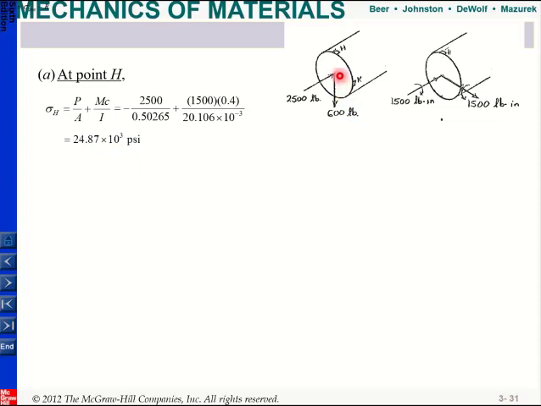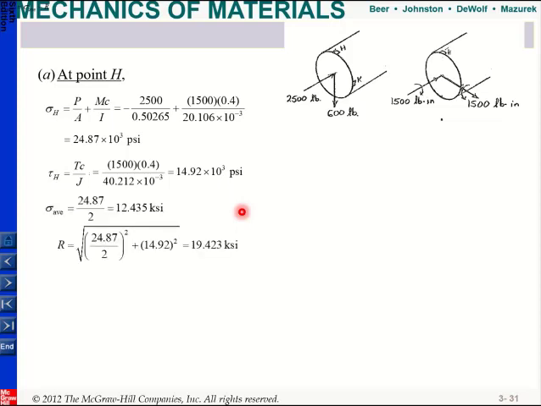And for shear, this 600 pound does not create any shear at H. Which means that I only have one equation, TC over J. And we know all the values. So from there, you can get your shear stress at H. And then if you want to find your maximum, what I need is my average and my R. So these are the equations you can get.